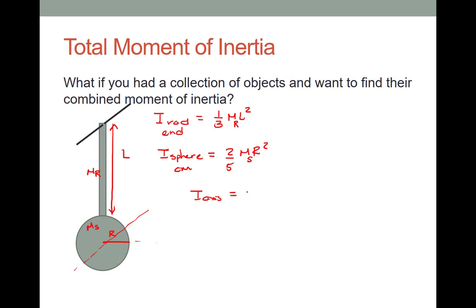The moment of inertia about the axis is the moment of inertia about the center of mass plus the mass times the distance between the center of mass and the axis squared. So this will be 2/5 times the mass of the sphere, r squared, plus the mass of the sphere times d squared. And what is d? It is the distance from the center of the sphere all the way to the axis, which is r plus L. So d is this entire length.